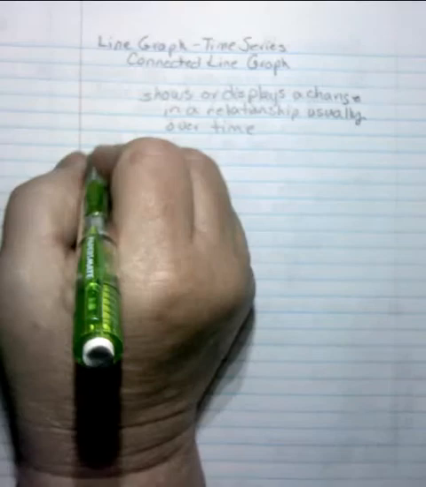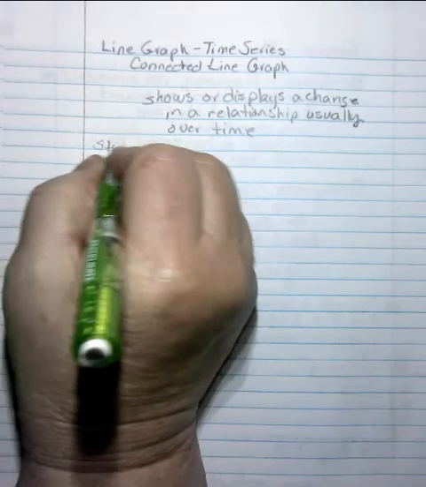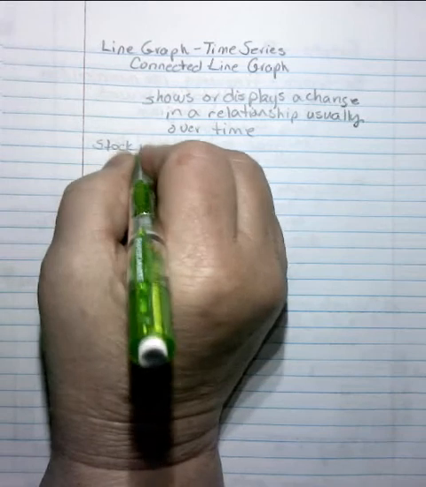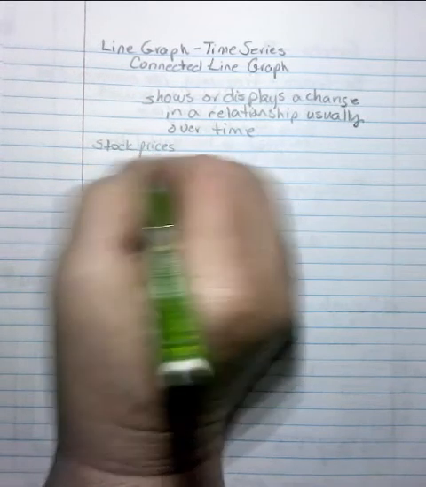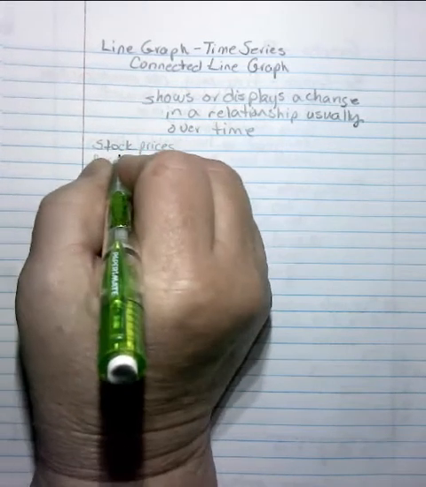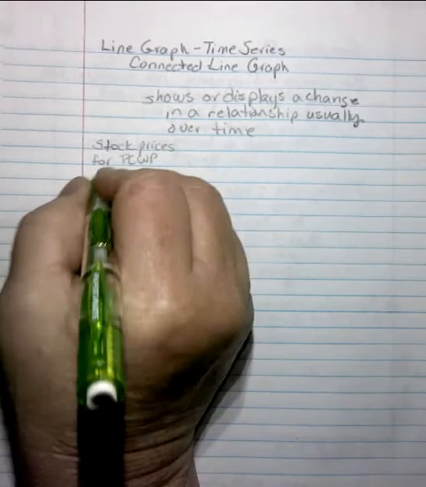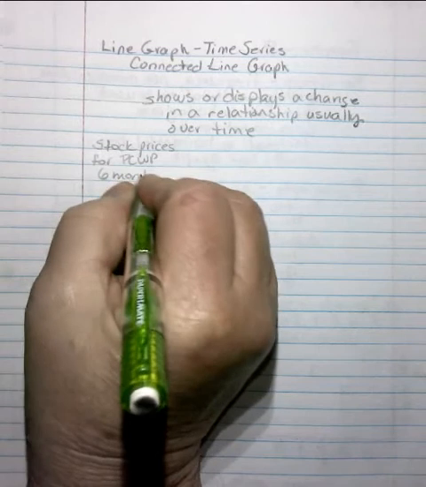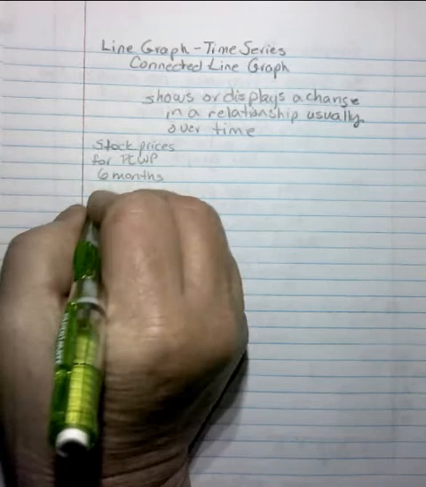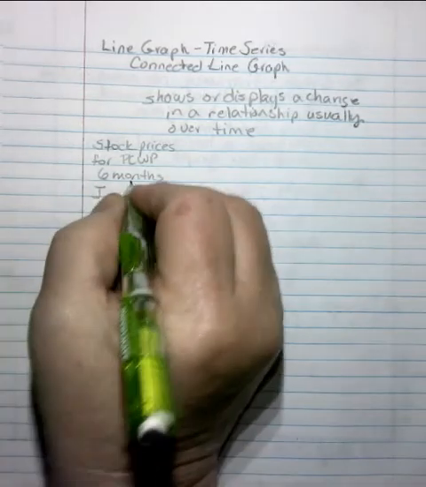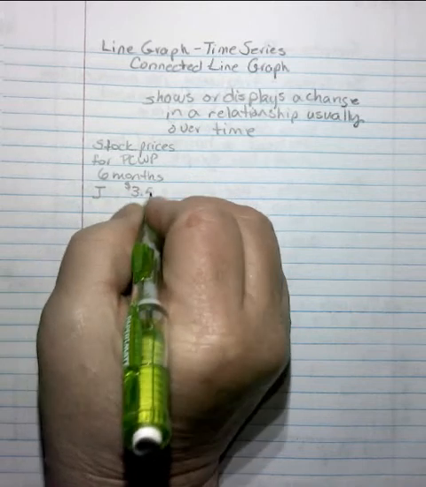So for our data this time, we're looking at stock prices for this company called PCWP for the last 6 months. In January, the price was $3.50.